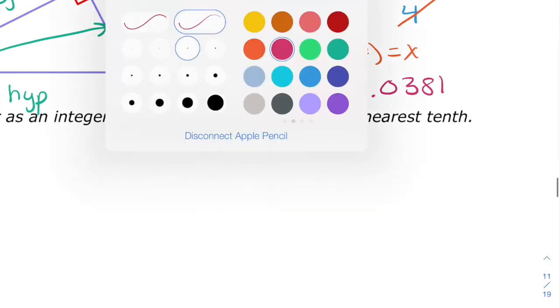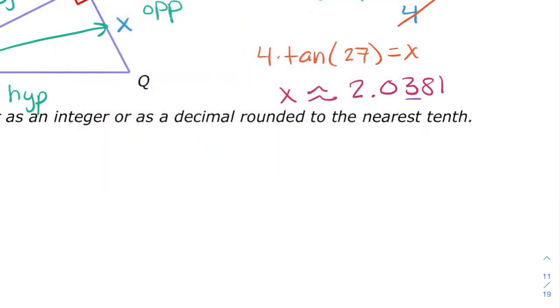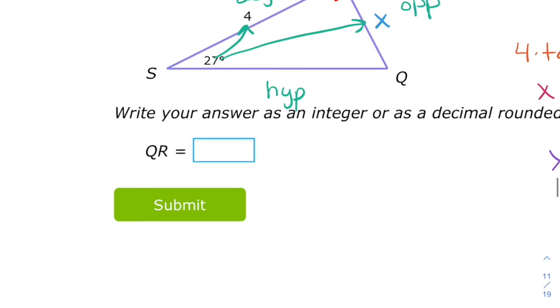And we're going to now round it. It rounds off, so x approximately equals 2.0. You don't need to write it as 2.0. You can write it just as 2 if you'd like.